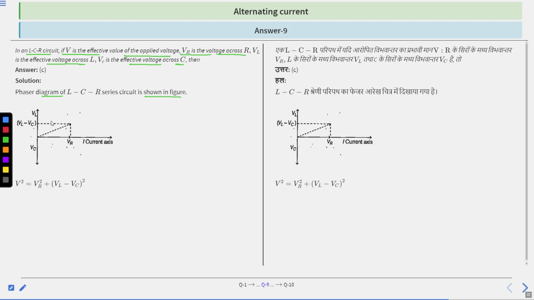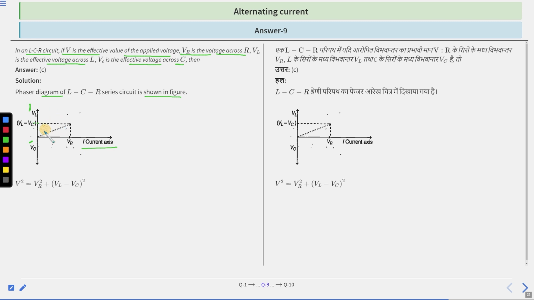We have to find the relation. On the x-axis is current and voltage VR; VL minus VC is shown, and adding these terms we have to find this V.